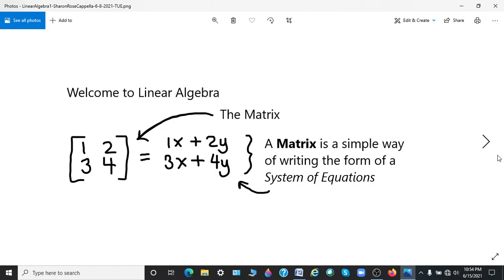Do different examples in a linear algebra book. See if you can come out with the answers. The odd number answers should be in the back. And if you don't understand, look in the beginning section and look at the examples and see how they have done it and try to duplicate and practice and become comfortable.